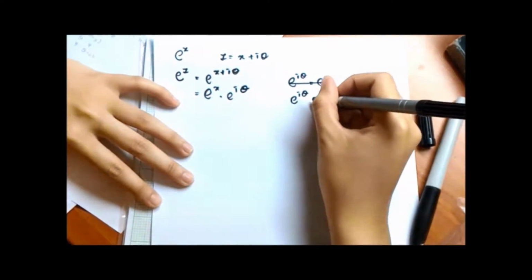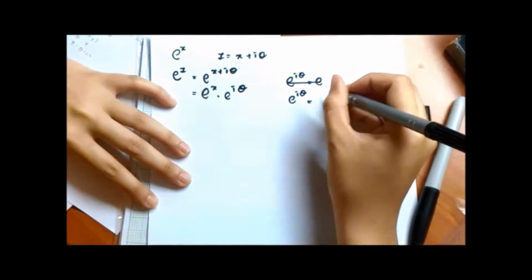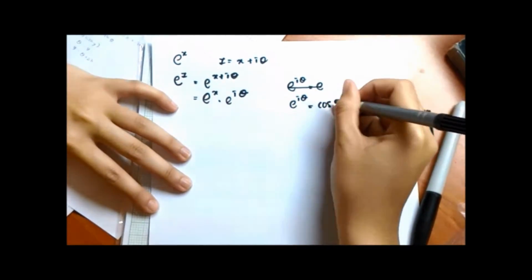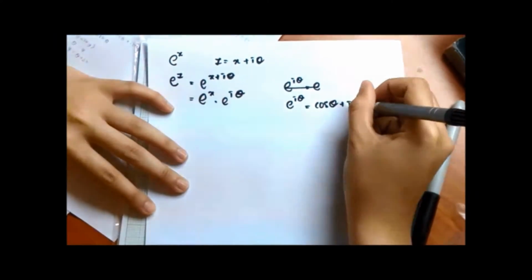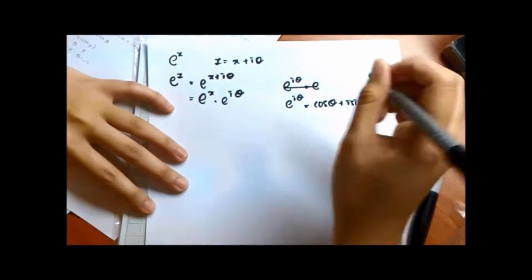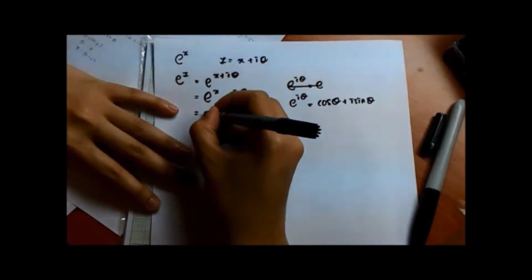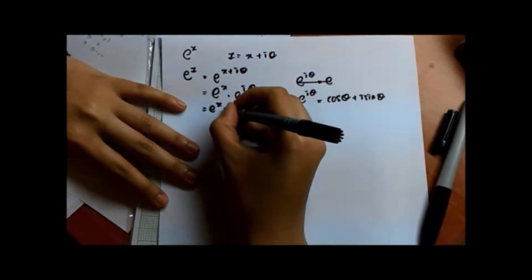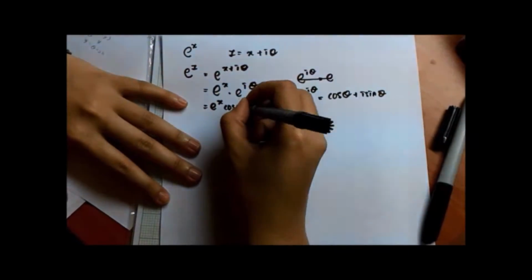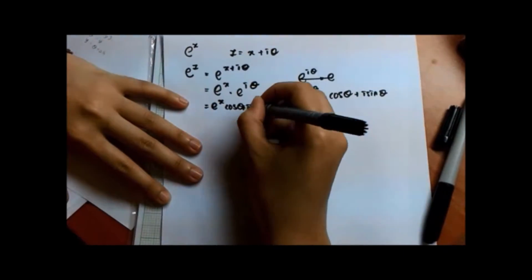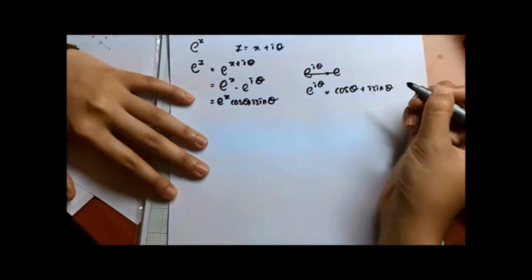From Euler's equation, we know that e^(i theta) equals cos theta plus i sin theta. So from this we get e^z equal to e^x (cos theta plus i sin theta).